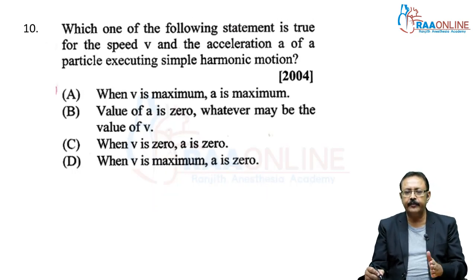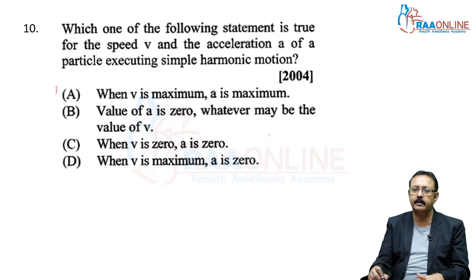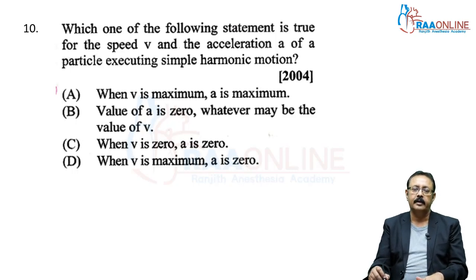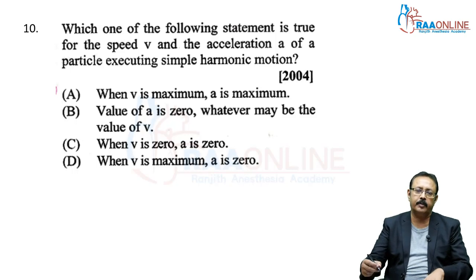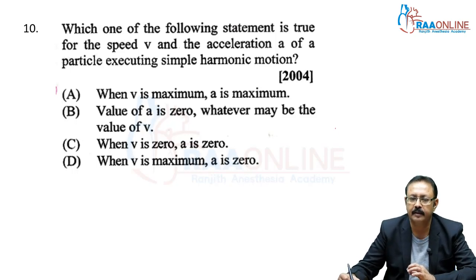Next, it is again from 2004 AIPMT. Which one of the following statements is true for the speed v and acceleration a of a particle executing simple harmonic motion? Velocity's formula is omega under root (A square minus y square), and the magnitude of acceleration is omega square into y.